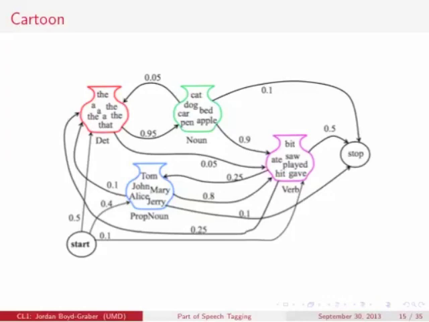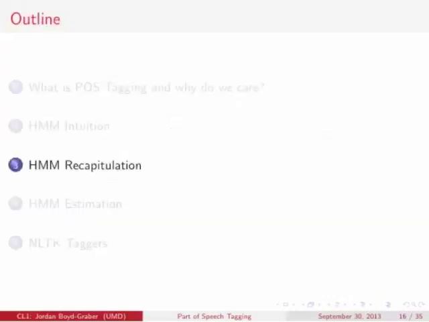And notice that there's no reject state, unlike the finite state transducers that we were talking about before. We generate strings and we assume that any string that we can generate is part of our language, but some strings have higher probability than others. Okay, so that was sort of a cartoon picture of what hidden Markov models are. Let's go through this a little more formally.